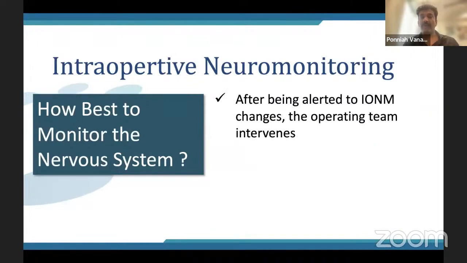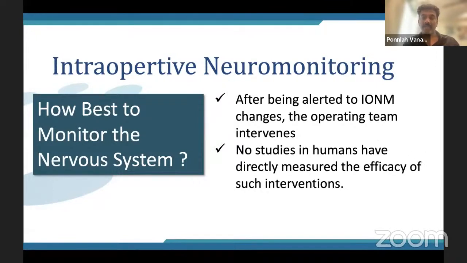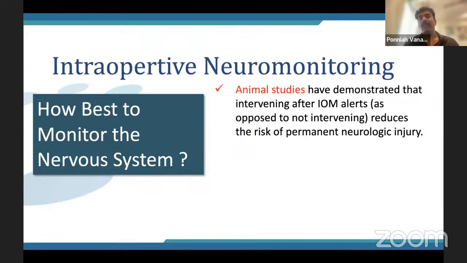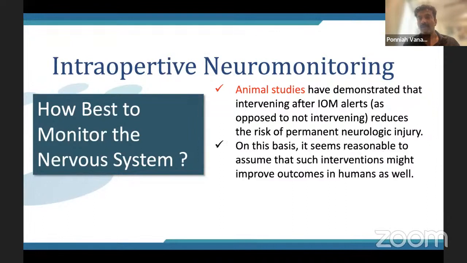When you're monitoring IONM, after being alerted to the IONM changes, the operating team will intervene. But no studies in humans have directly measured the efficacy of such interventions. Animal studies have demonstrated that intervention after the IONM alerts, as opposed to not intervening, has reduced the risk of permanent neurological damage.